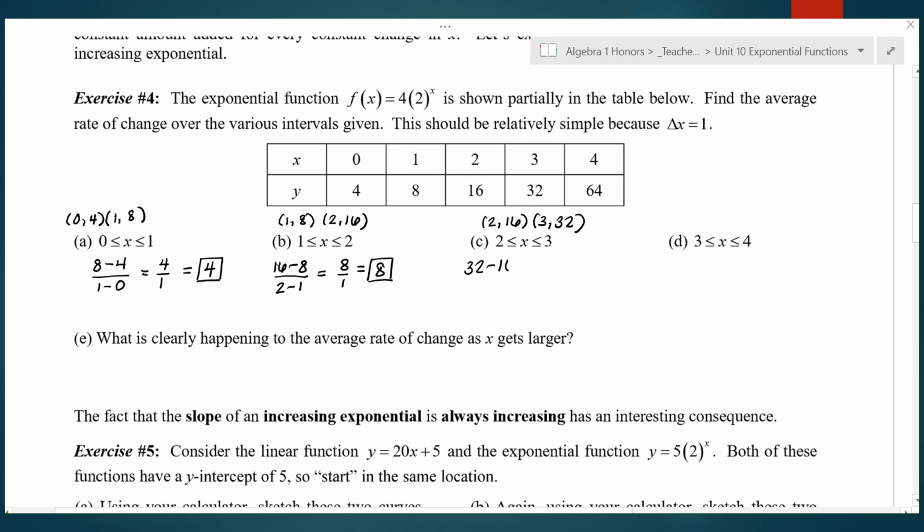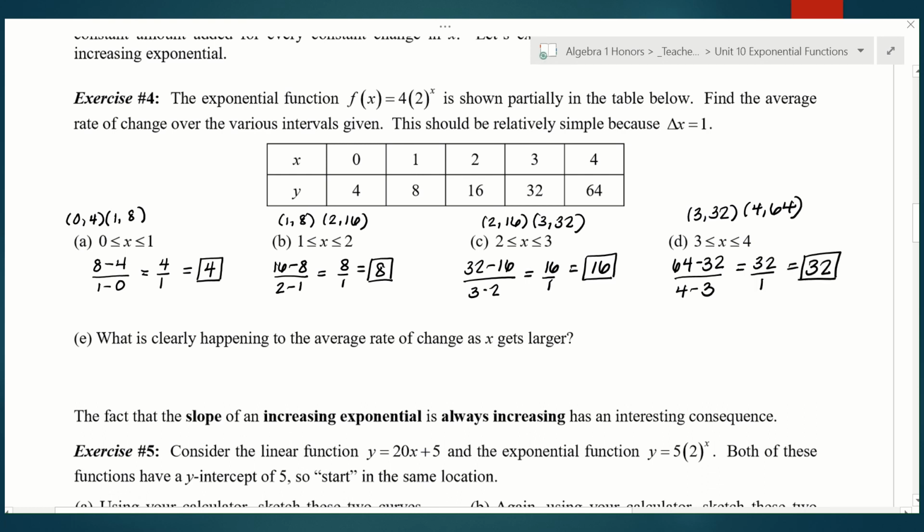So y2 minus y1 over x2 minus x1 gives me an average rate of change of 16. So you can probably start to see the pattern here. 3, 32 and 4, 64, y2 minus y1 over x2 minus x1. So that interval has an average rate of change of 32.